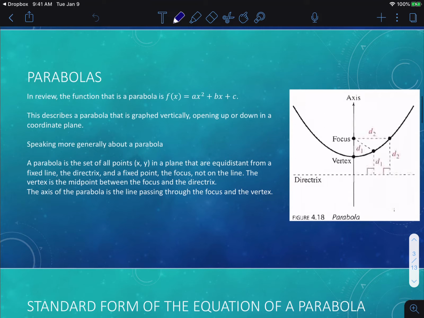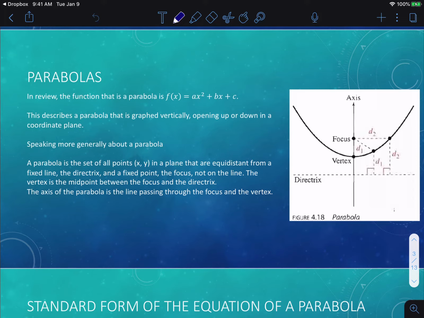So we start off with a parabola. In review, the function that is a parabola, as you'll remember, is f of x equals ax squared plus bx plus c. It's just a quadratic. And this describes a parabola that is graphed vertically, and it opens up or down in a coordinate plane.